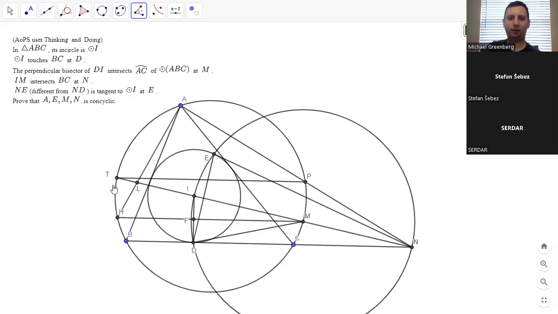It seems like a much easier problem to show that TP is parallel to BC. I'm just not sure right now how to do it.